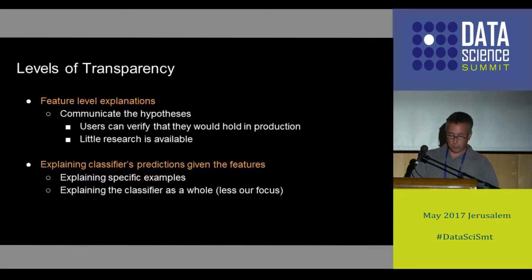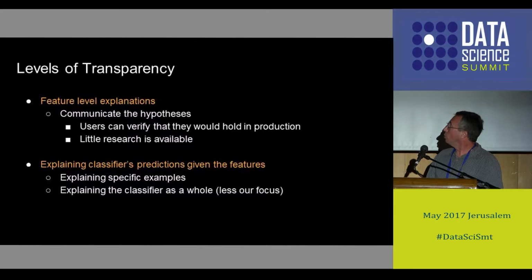And the idea is that domain experts or users will then be able to exploit their human intelligence and world knowledge in order to verify that these hypotheses, these features, would indeed hold in production. By the way, at least to my knowledge, there is only very little research on this topic.